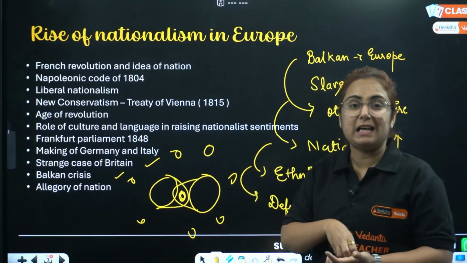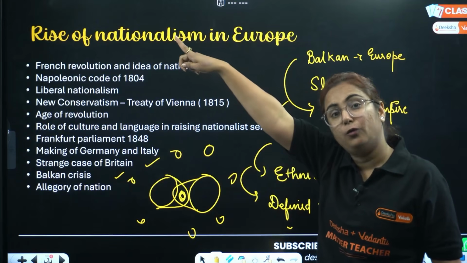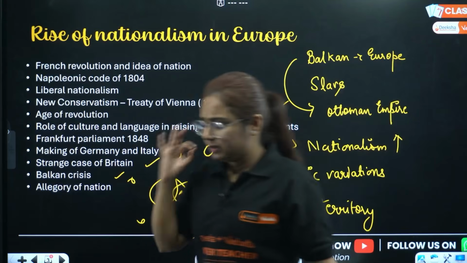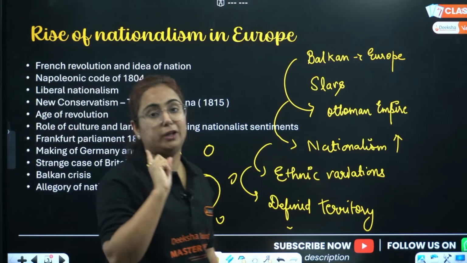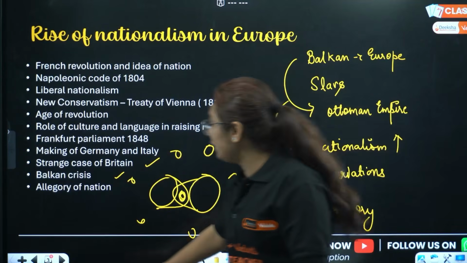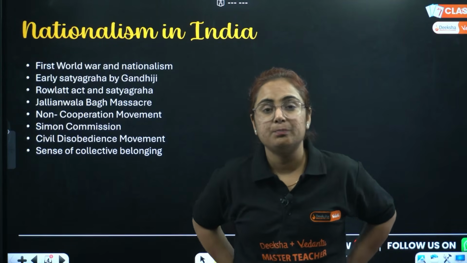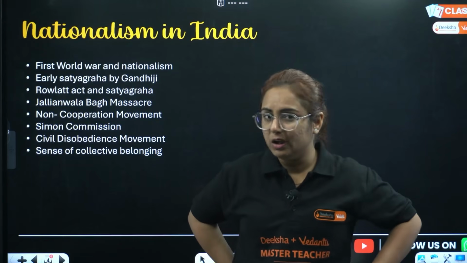So big powers came in, which led to various wars, finally leading to the First World War. Get it? So this was the complete chapter, Rise of Nationalism in Europe. I know that you're not going to forget it. And now we will come to nationalism in India. You know, the First World War happened in the world.